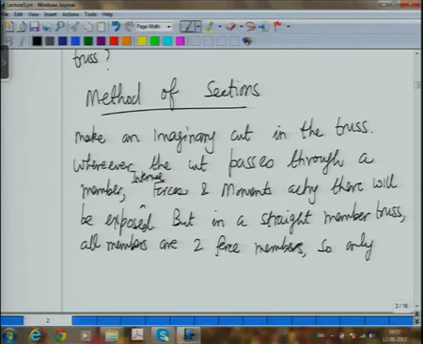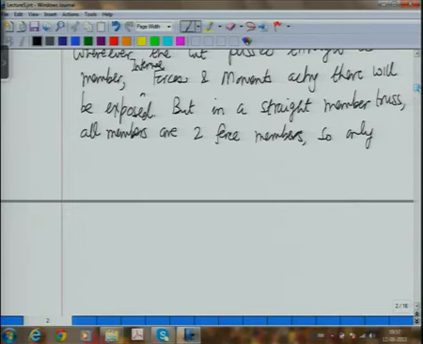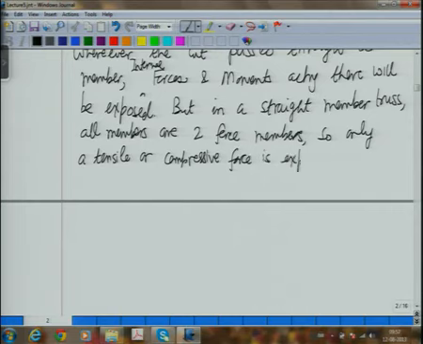So, only tensile or compressive force is exposed and no moment. This is very important.